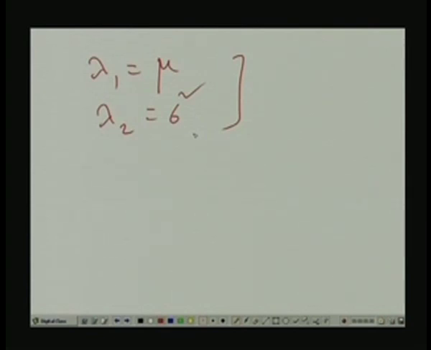We have seen that ln of phi bar s is equal to psi bar s, which means phi bar s is nothing but e to the power psi bar s.